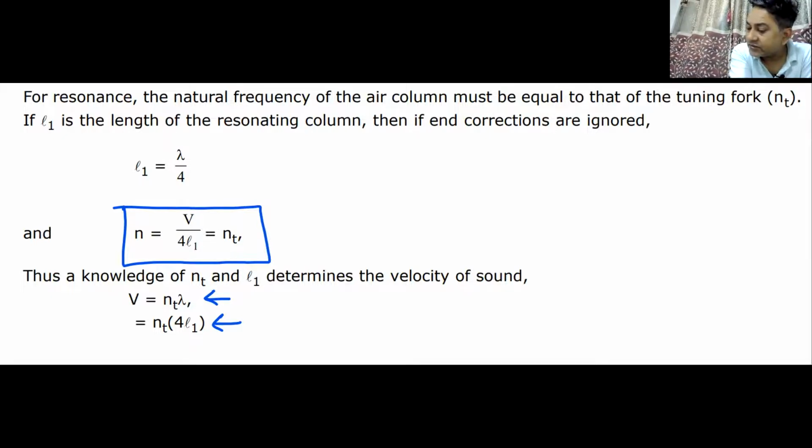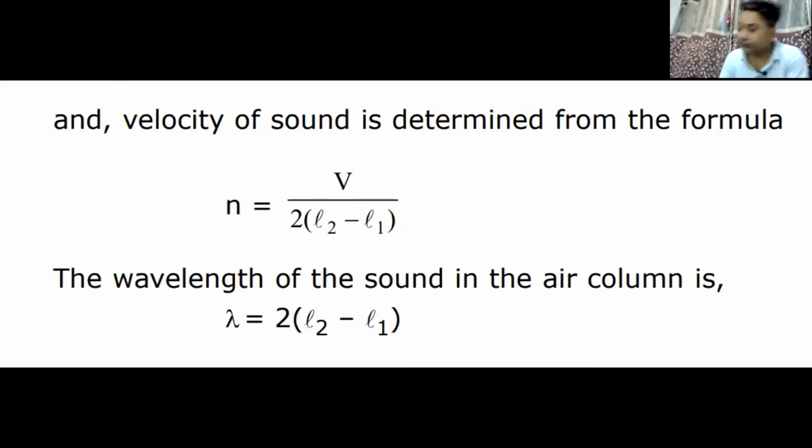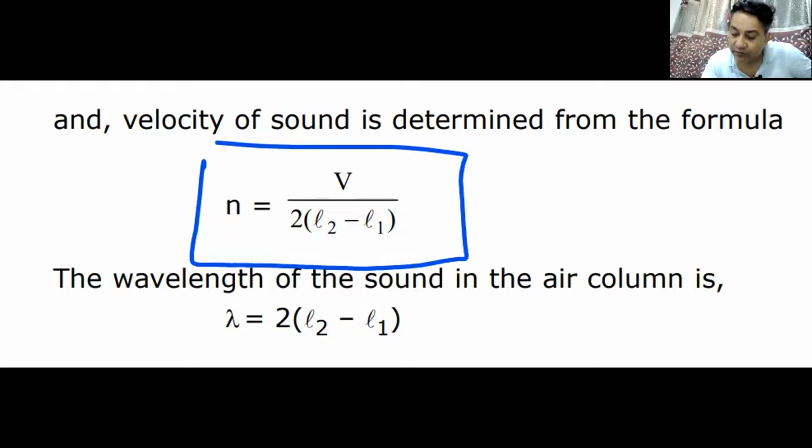Normally the end correction is not given. Remember, you will look for two consecutive resonances and you can find out the frequency and wavelength using this formula. V is the speed of sound, and if you know the frequency of sound, you can find the speed of sound.